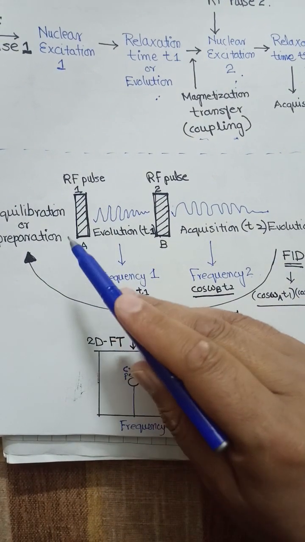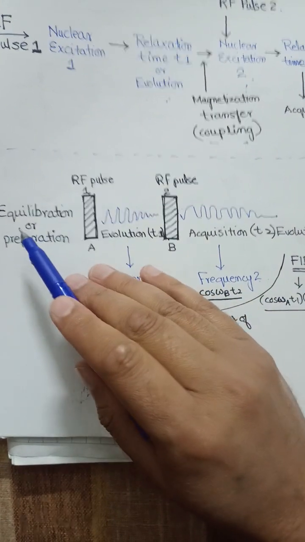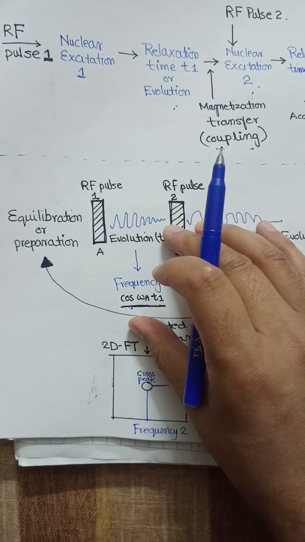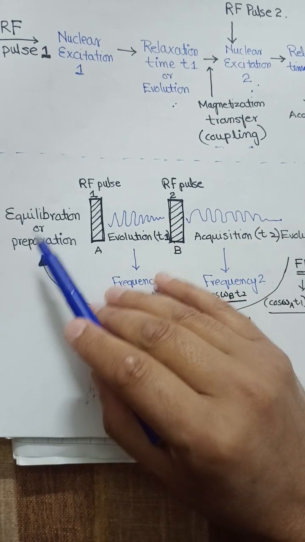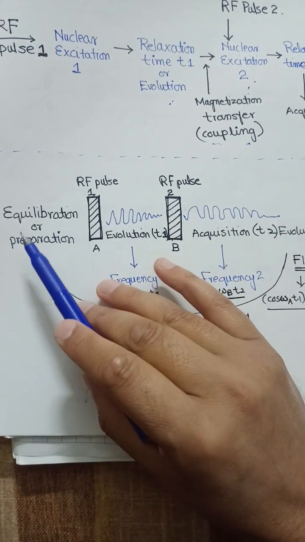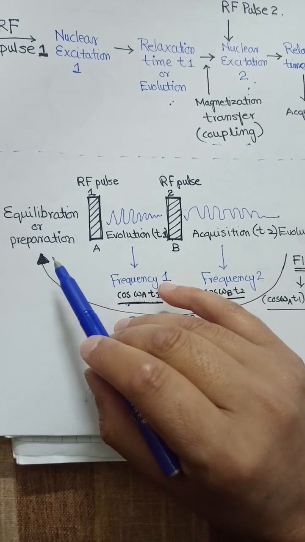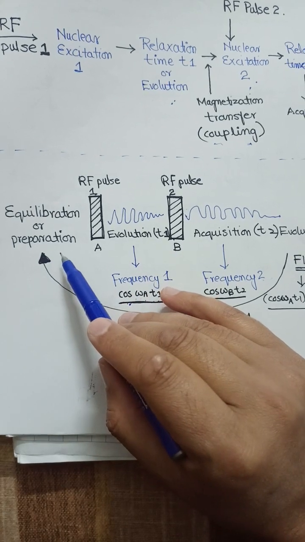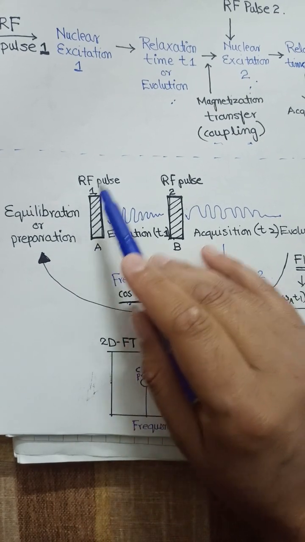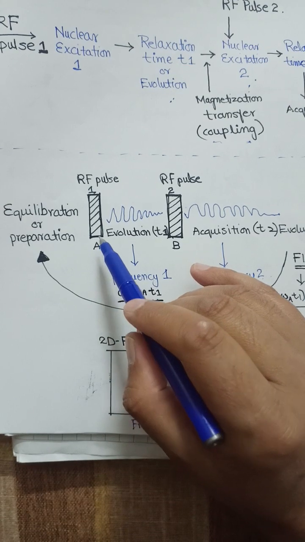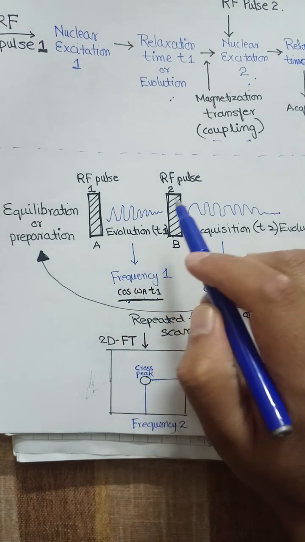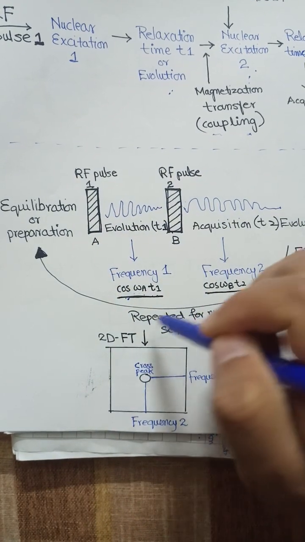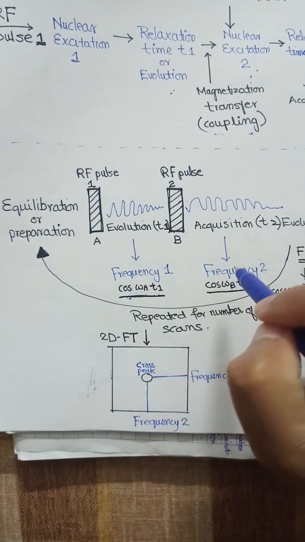And after this RF pulse 2, the cycle repeats again and again. We provide time to the nuclei to get equilibrated, which is called equilibration or preparation time, and after this RF1 pulse is applied again, and then RF pulse 2, and this cycle repeats again and again.